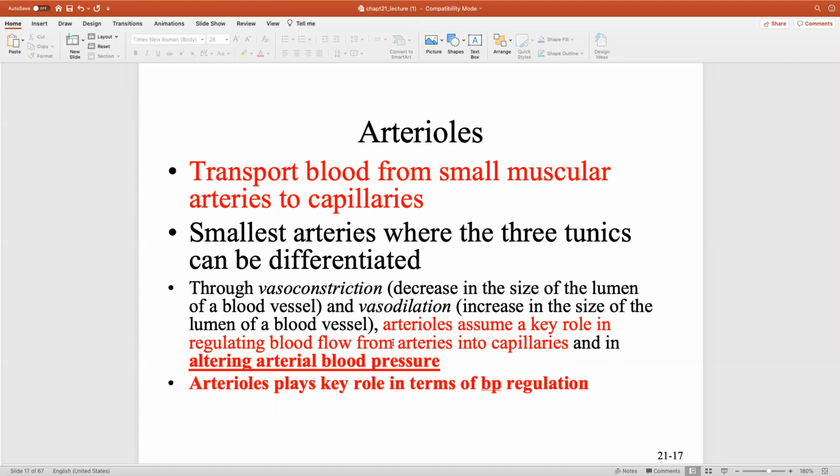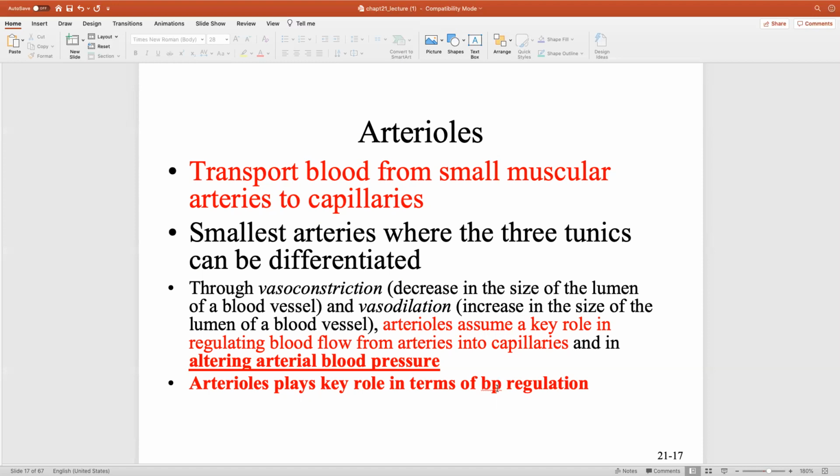Because they can do both, and because there are so many arterioles in our body, it is these arterioles that play the biggest role in regulating blood flow from arteries into capillaries and in altering arterial blood pressure. Again, it's so important to know this because they play the biggest role in blood pressure regulation.